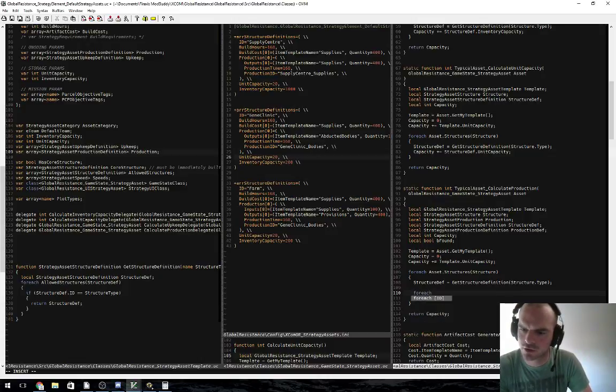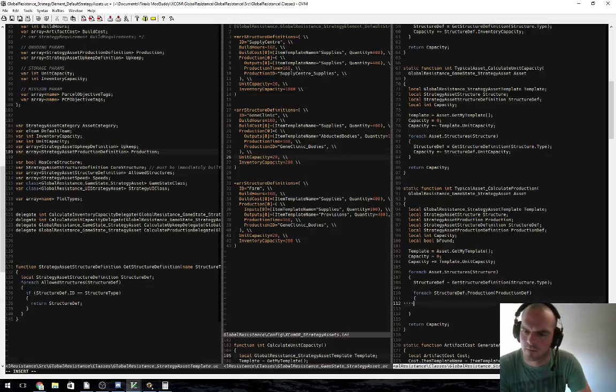So for each structure def dot production, production def. And then again, we have to run another for each on each structure asset, for each structure dot production.